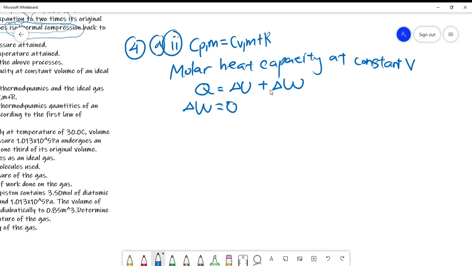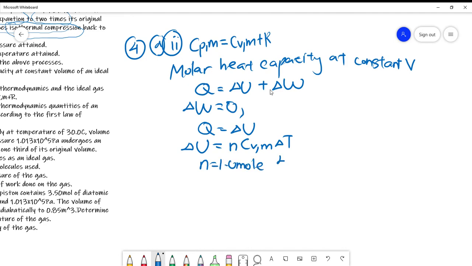There is no change in displacement, so no work is done by the gas. So Q is equal to the internal energy of the gas, which is N CVM delta T. Based on the definition, molar heat capacity at constant volume is the heat required to raise the temperature of 1 mole of gas by 1 K.